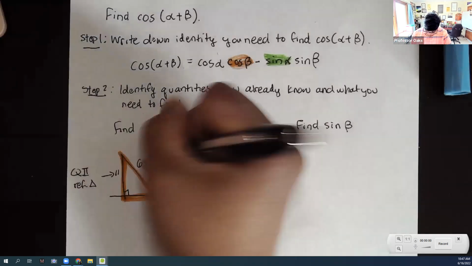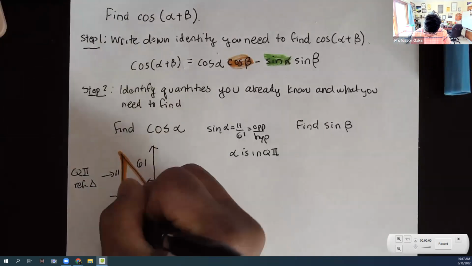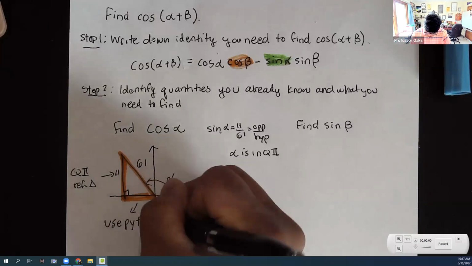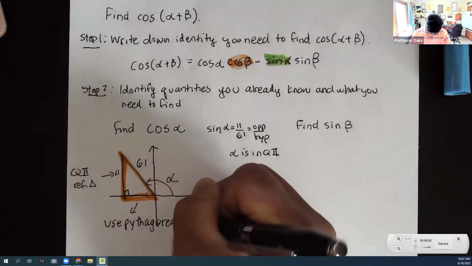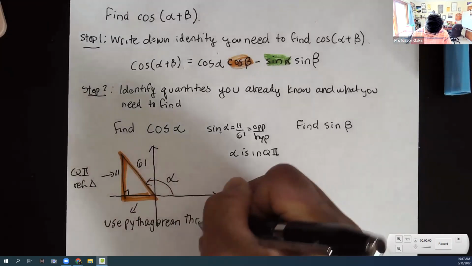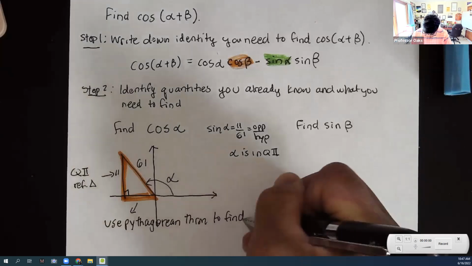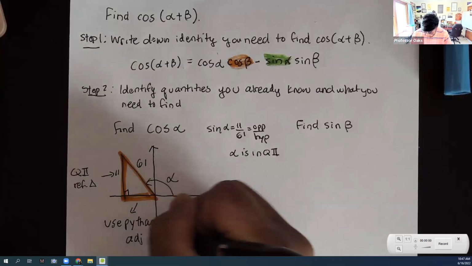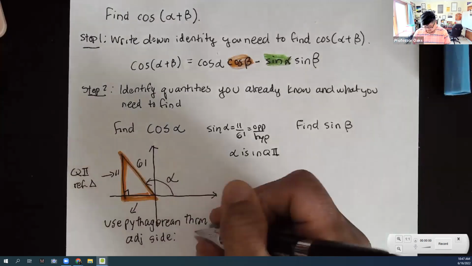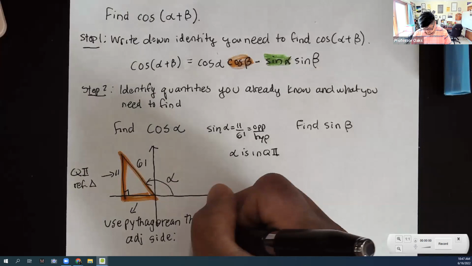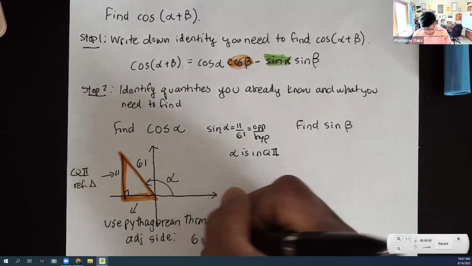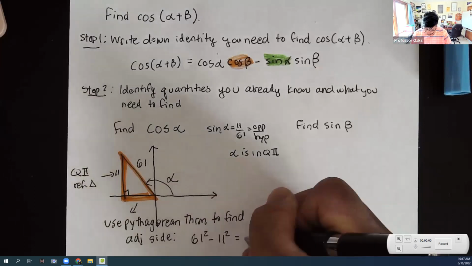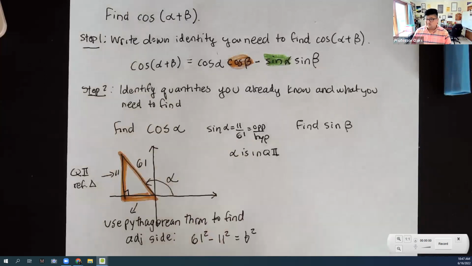And then I use the Pythagorean theorem to find the adjacent side. It doesn't really matter how you do this, but 61 squared minus 11 squared will be b squared.